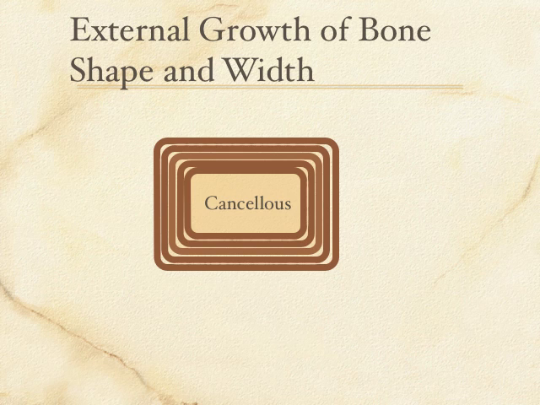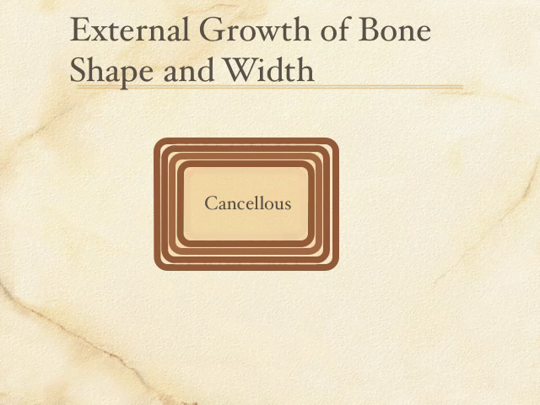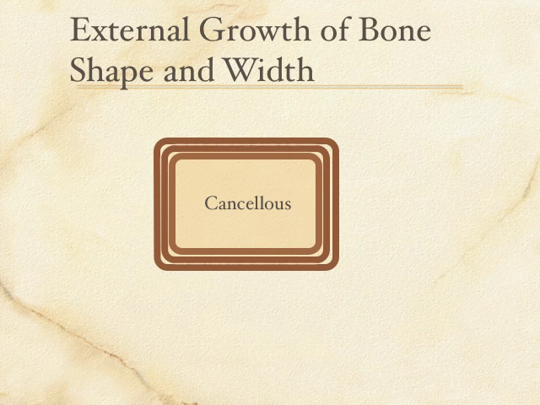So, as the cancellous bone grows thicker and thicker, the osteoclasts recognize that there's plenty of structure there, and osteoclasts begin to take out the internal layers of compact bone. And as the bone grows larger and larger, as you add a compact layer, you take away an internal compact layer and remodel it into cancellous bone.